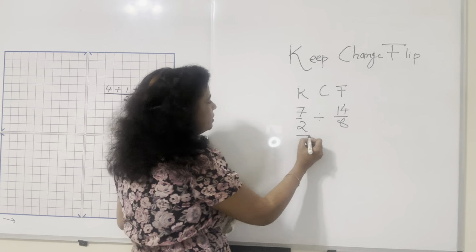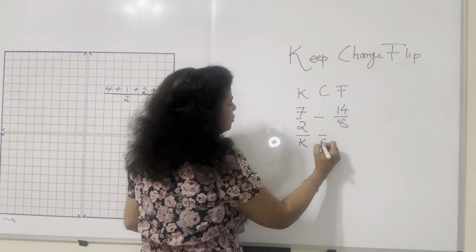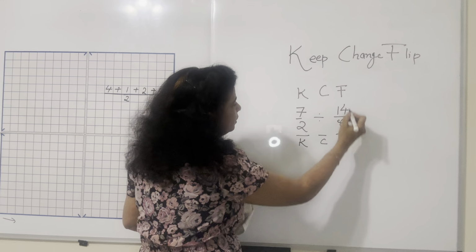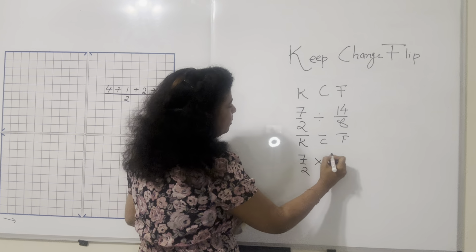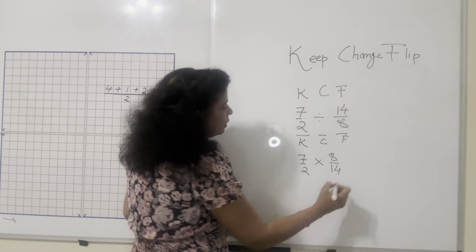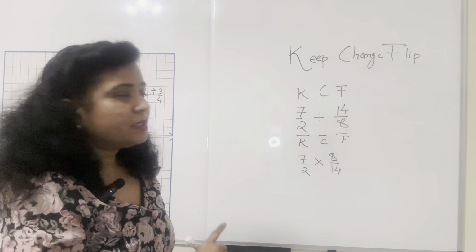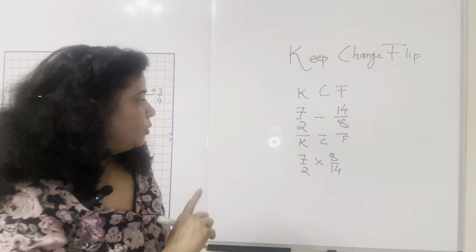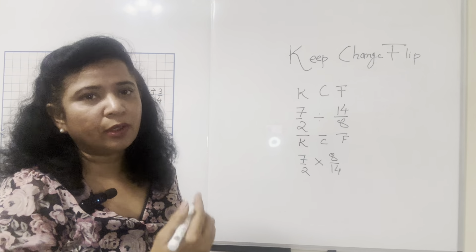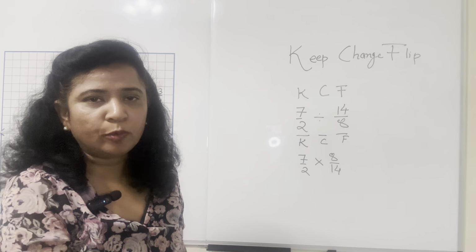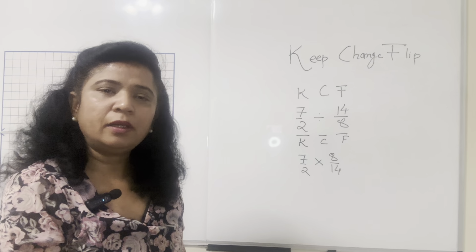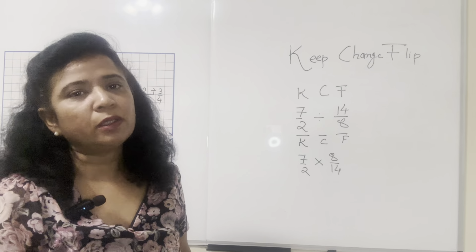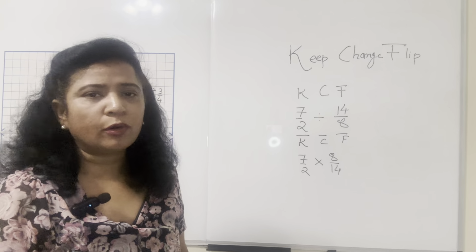So you keep this, you change this sign and you flip whatever you have here. So 7 over 2 multiplied by 8 over 14. Now again, when you see this kind of fractions, you can just multiply numerator times numerator divided by denominator times denominator, and then you simply divide and convert that into proper fraction or improper fraction.